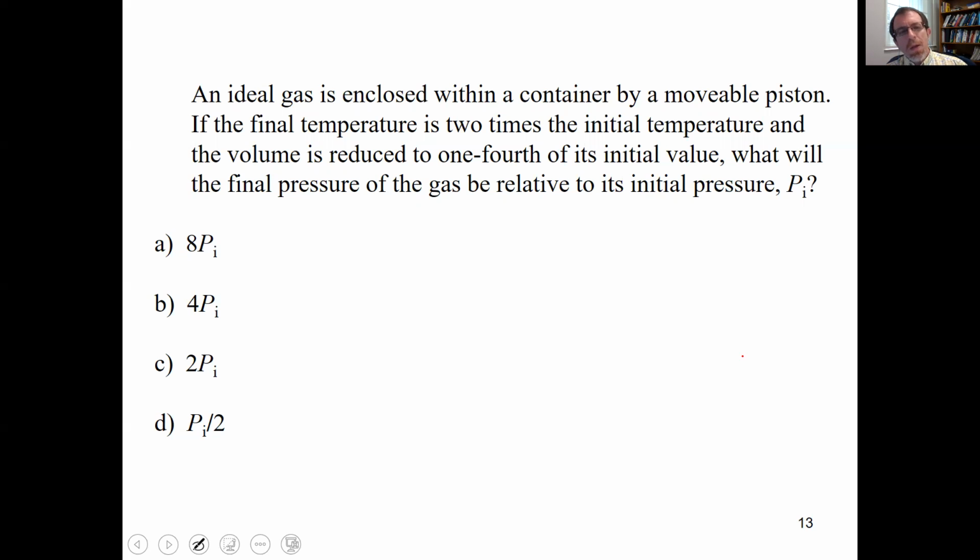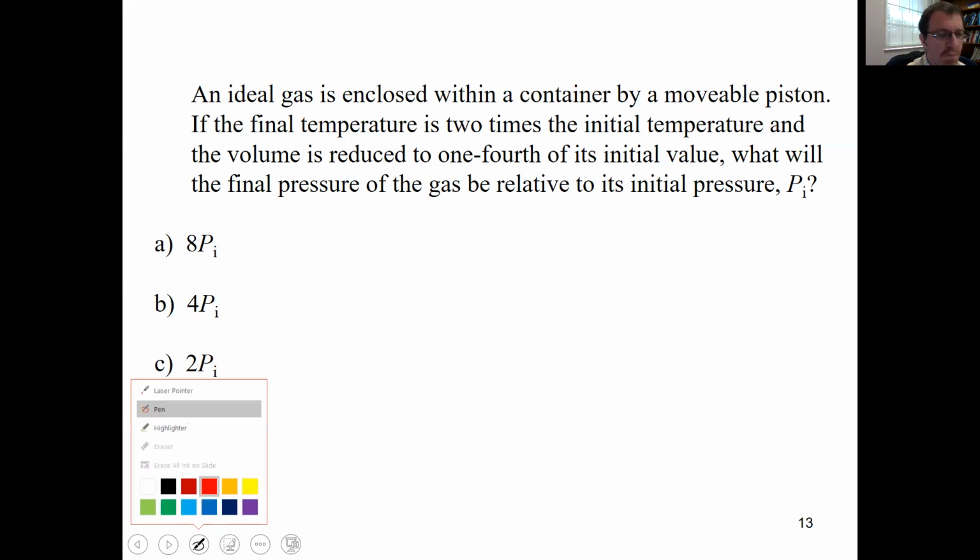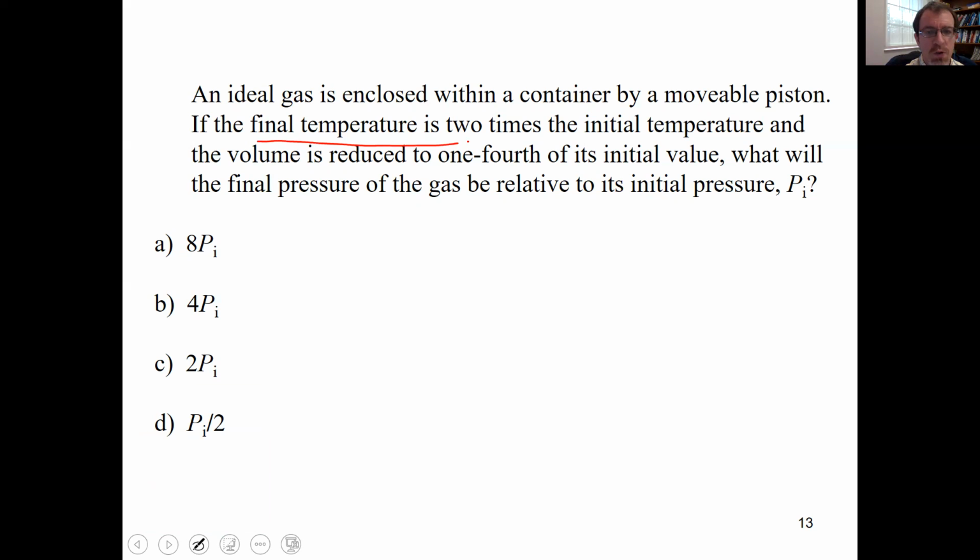Okay. The way we approach this type of problem is we look at the words we've got on the screen and we start translating those words into math. This is a very important skill. The first thing I see that would translate into math is the final temperature is. Whenever you see the word is, that's the same thing as equals.